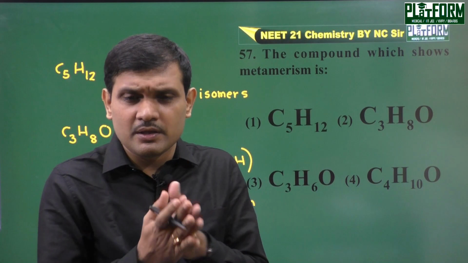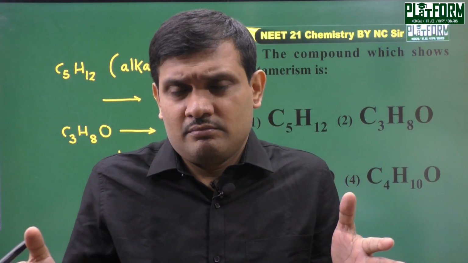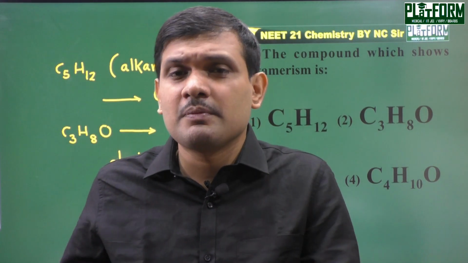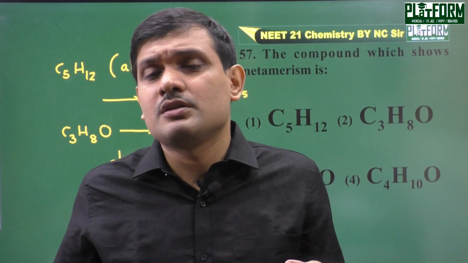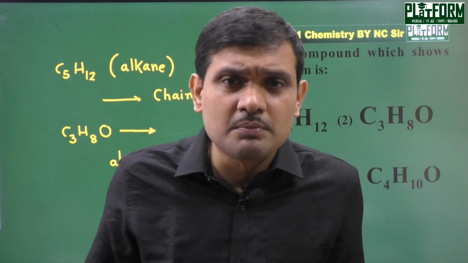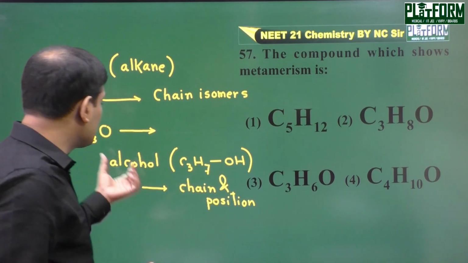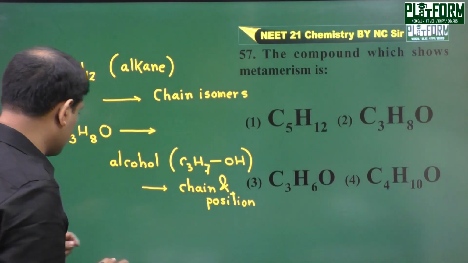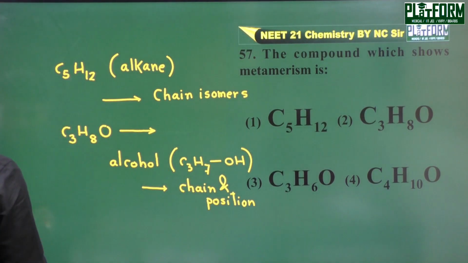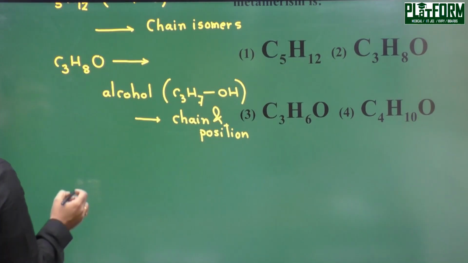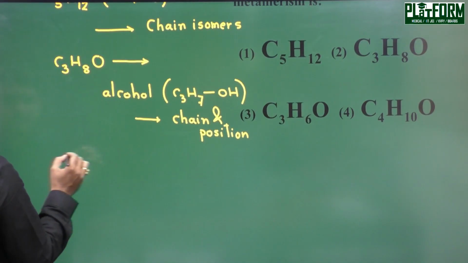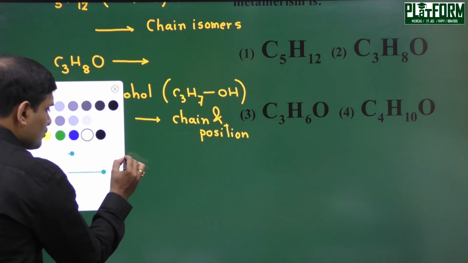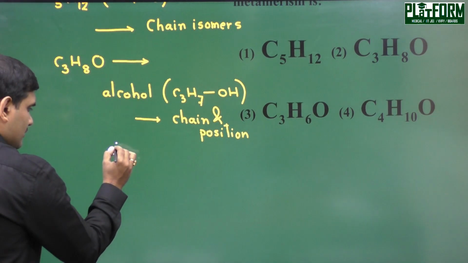C3H7OH, definitely it will be propanol. It will be CH3CH2CH2OH, propanol, or maybe CH3CHOHCH3, that is propan-2-ol. They are positional isomers. You can produce positional isomers with this formula. But alcohol system can produce chain as well as positional isomers. And basically, this molecular formula also corresponds to some ethers.